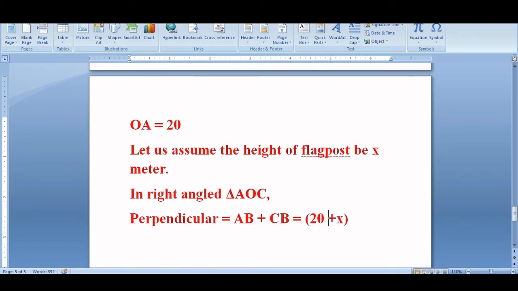So AB is how much? AB is 20 and CB is how much? It's X. We have already assumed it.